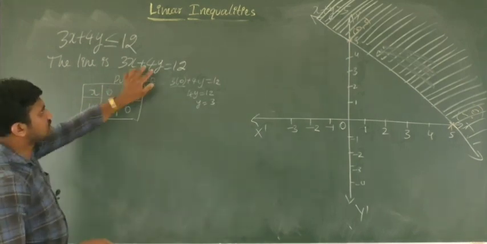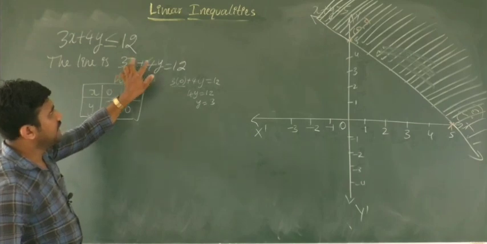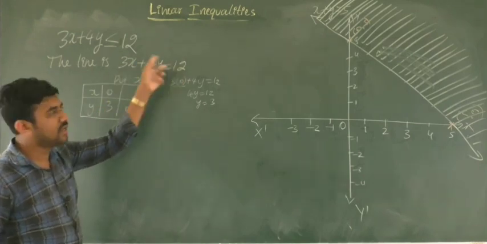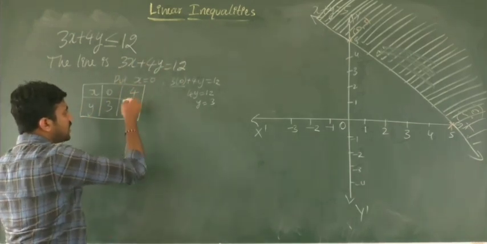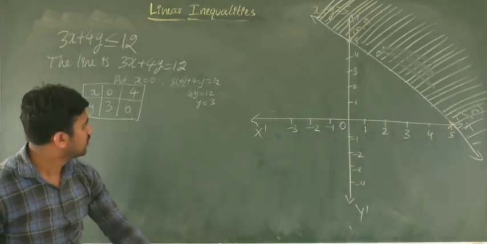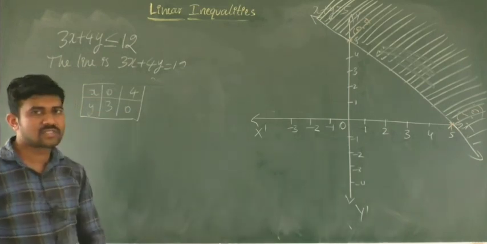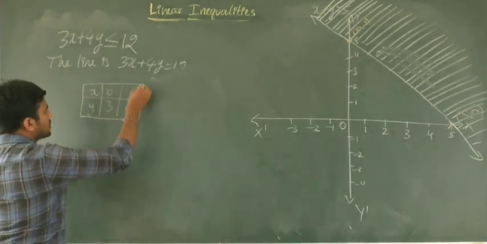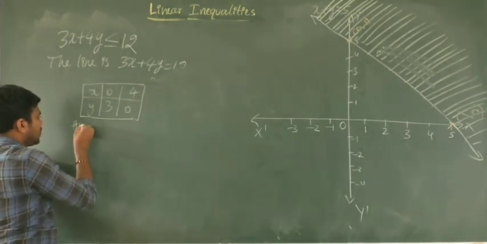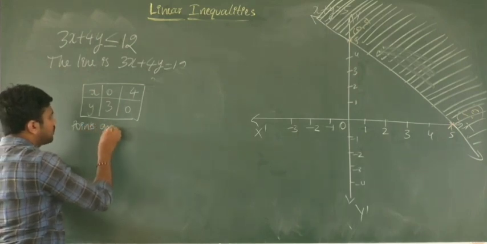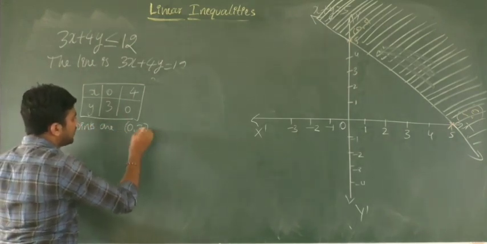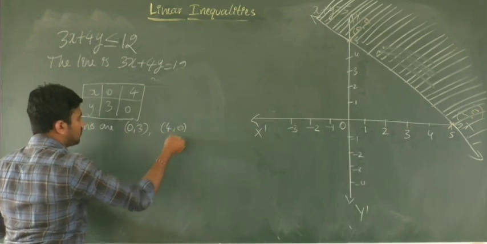Similarly, put the value y is equal to 0. What x value do we get? 3x is equal to 12, x is equal to 12 by 3, that is 4. This is how we have to find the points. So the points we got are (0, 3) and (4, 0).